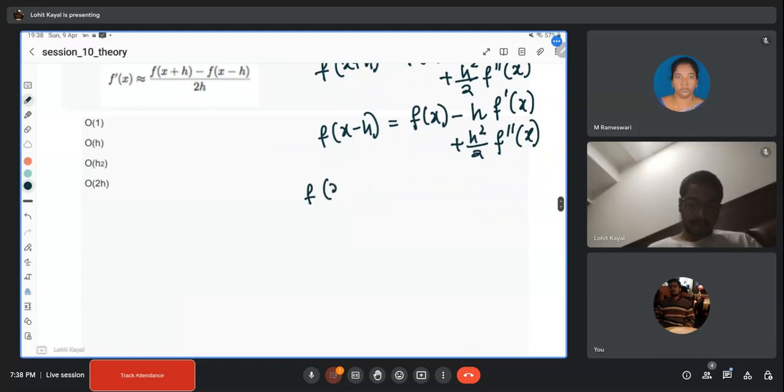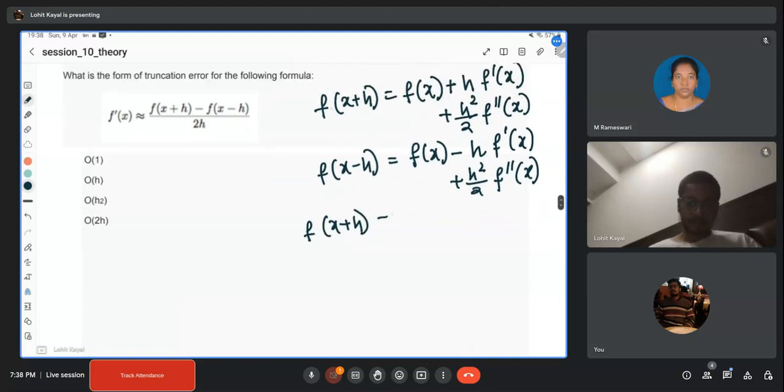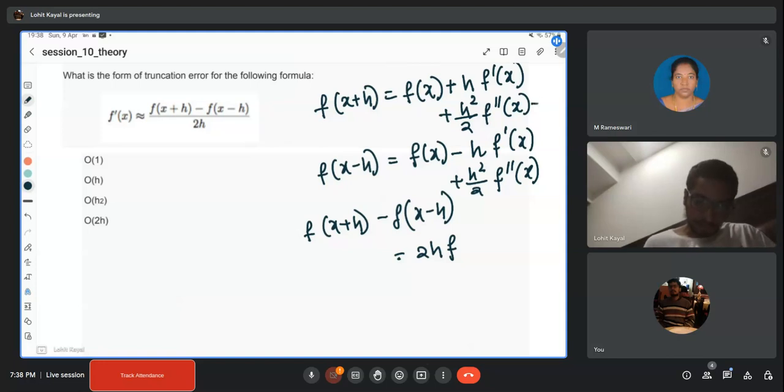Now f of x plus h, if I subtract f of x minus h, it will give me 2h. Oh, sorry, I should include another term. So it will be h cube by 6 f triple prime of x, minus h cube by 6 f triple prime x.